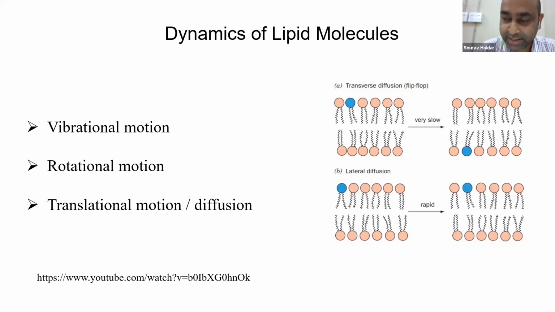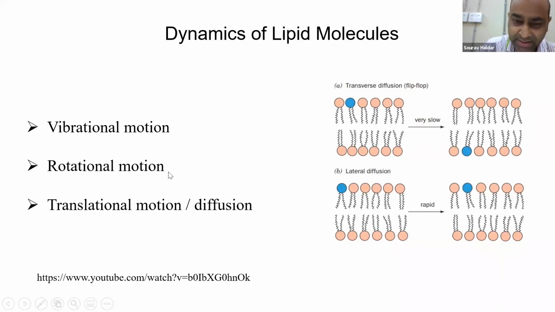And by annexin labeling, you can find out whether the PS has been exposed or not. So this asymmetry is actually maintained by very slow diffusion of lipids across the leaflet, and that is known as transverse diffusion.